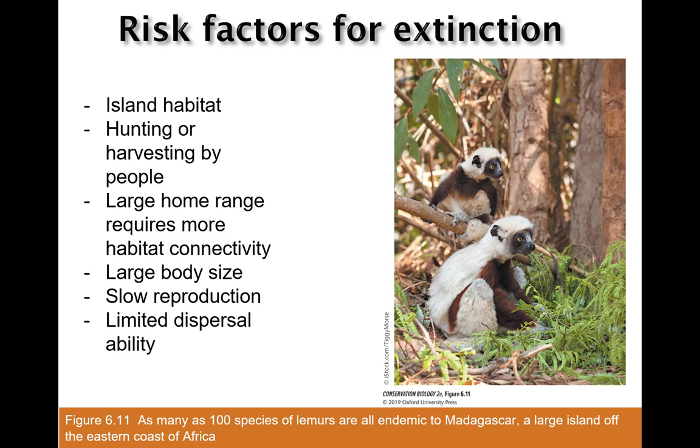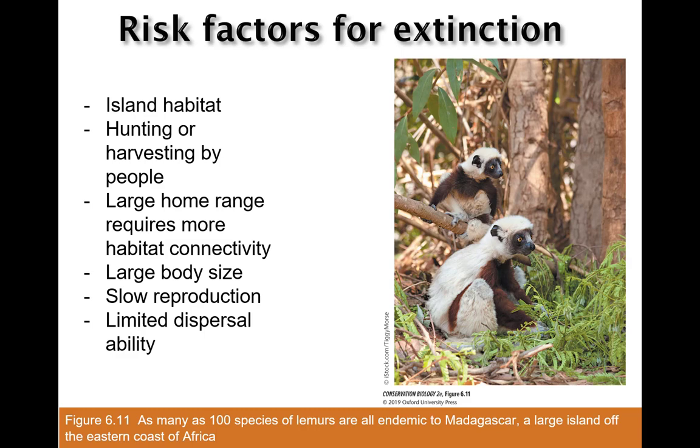Large home ranges are another one that jumps out and deserves some explanation. A species with a large home range migrates over and uses large amounts of area, and they also need to have those areas connected. There have been some interesting studies recently showing that large-bodied species tend to also require large home ranges.